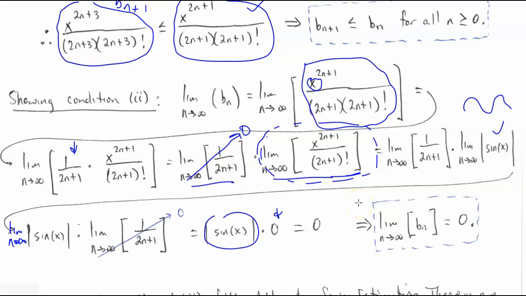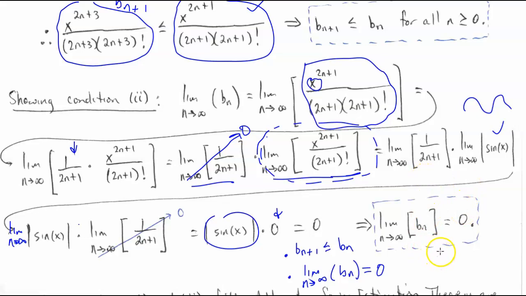So that's why it ends up actually equaling 0 here, and everything works out fine. So we've met the two conditions. We see that b sub n plus 1 is less than or equal to b sub n. And of course, the limit as n approaches infinity of b sub n equals 0. So we know that what we're dealing with meets those two conditions.